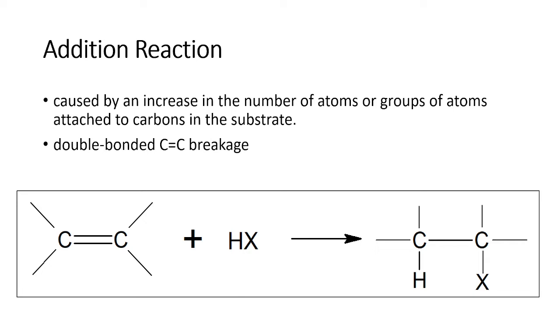Addition reaction is caused by the increase of the number of atoms or groups of atoms attached to carbons in the substrate. Most of the time, addition reaction happens for organic compounds that have a double bond or triple bond.